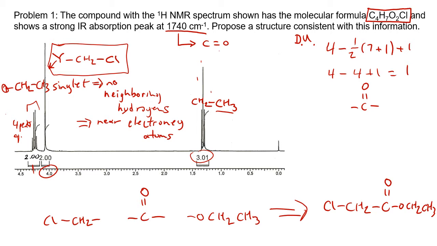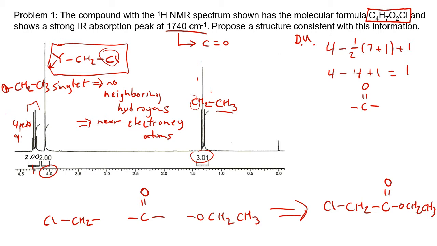It is possible originally that this could have been an oxygen on the chlorine side, in which case this ethyl group carbon right here would have had to be attached to a chlorine. And actually that isn't quite consistent with the data, because we know that oxygen causes things to have chemical shifts near or above 4.